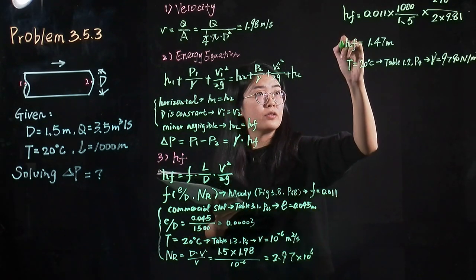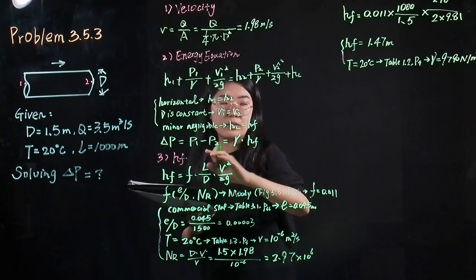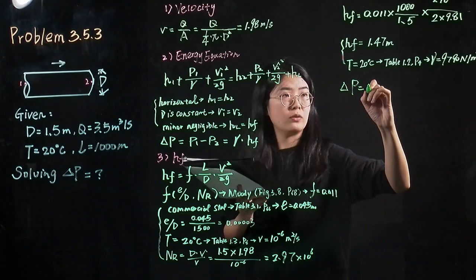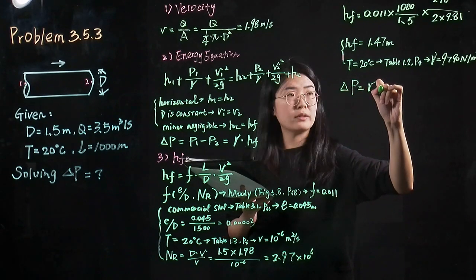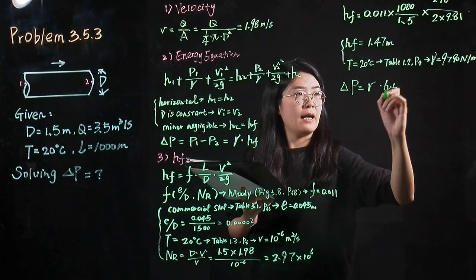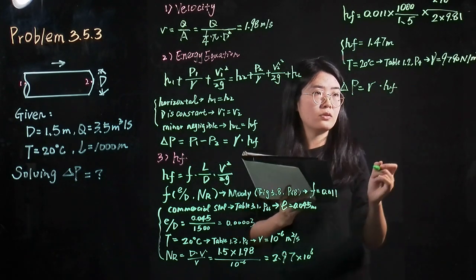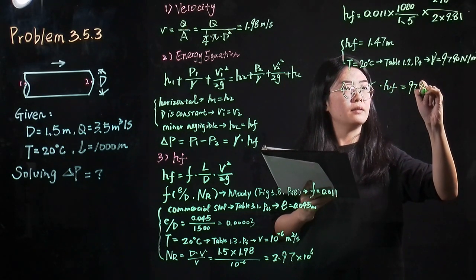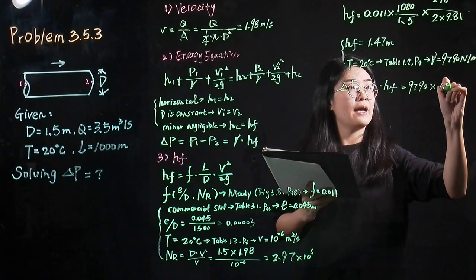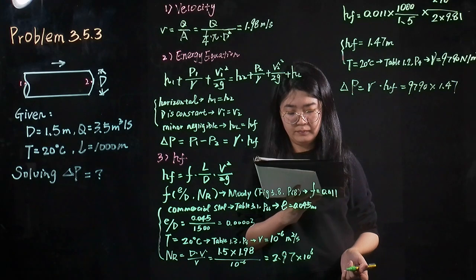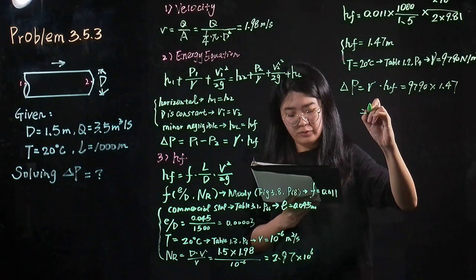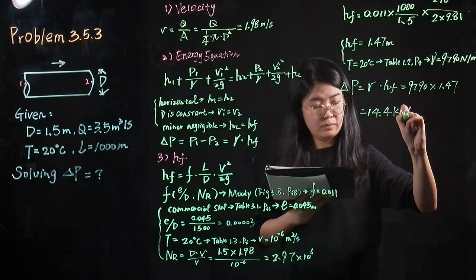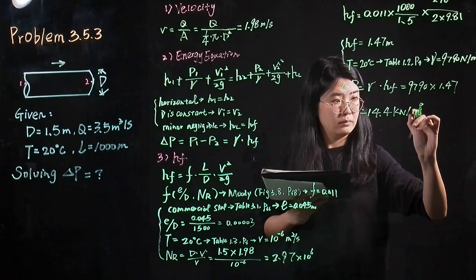Then we can bring these two values into this equation. The pressure drop is equal to specific weight of water times the friction head, which is 9,790 times 1.47. It equals 14.4 kilonewton per square meter.